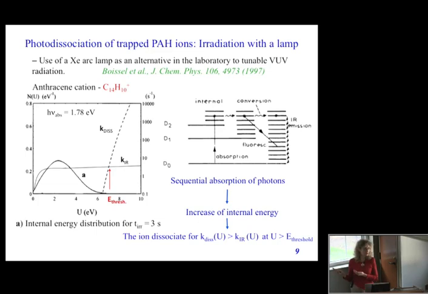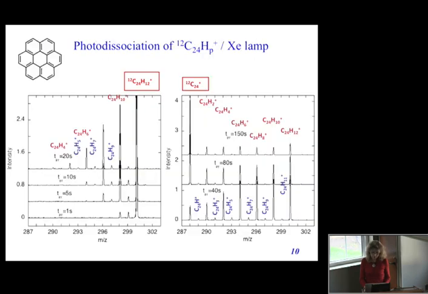Because of the photophysical scheme I showed you before, you can absorb several photons and build internal energy. You absorb a first photon, you have fast internal conversion to the ground state, and then you can absorb another photon, and then you heat your system and get internal energy, and you can study the photodissociation. This is what we did here on coronene, this PAH C24H12.